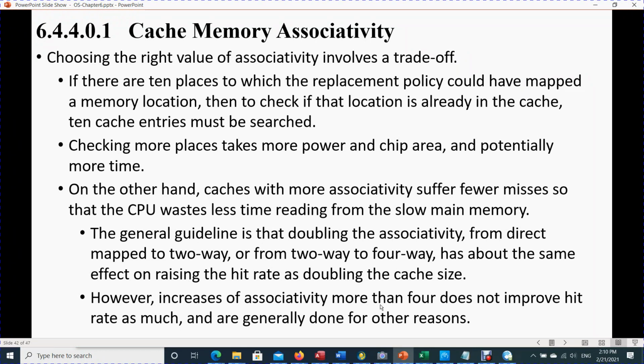Increasing associativity beyond 4 doesn't really improve the hit rate as much. Associativity higher than 4 is generally done for reasons other than improving the hit rate.